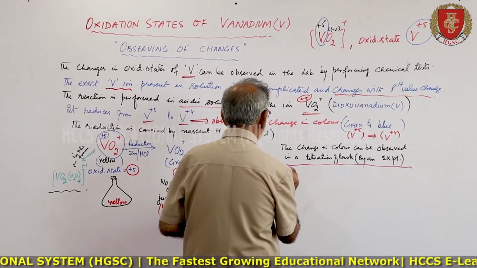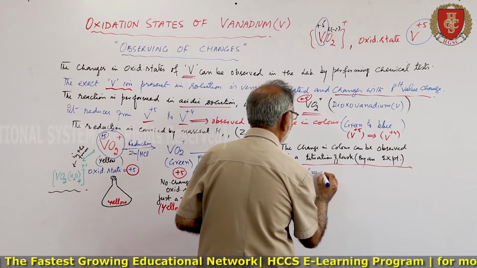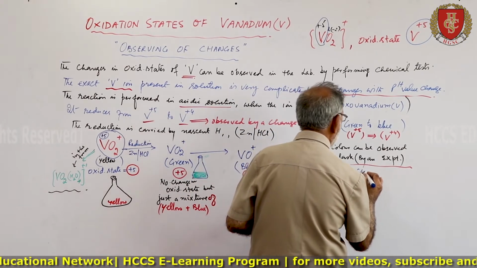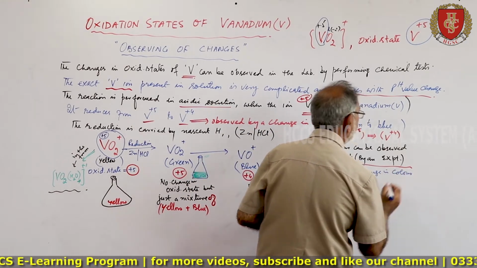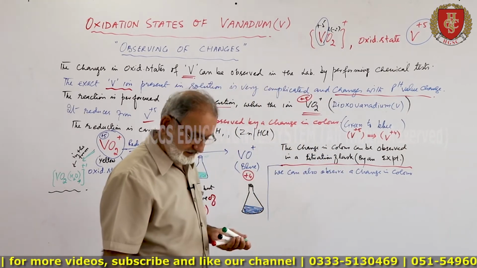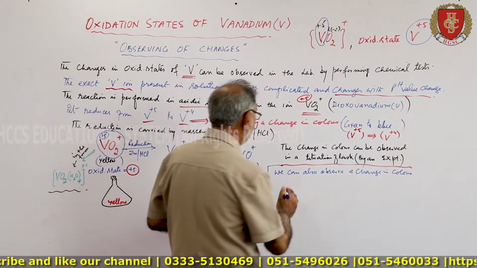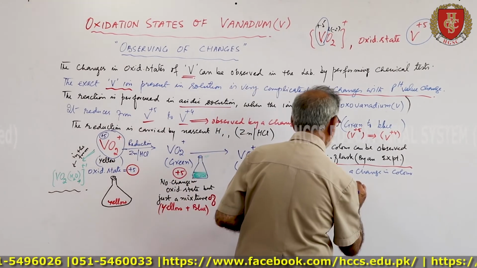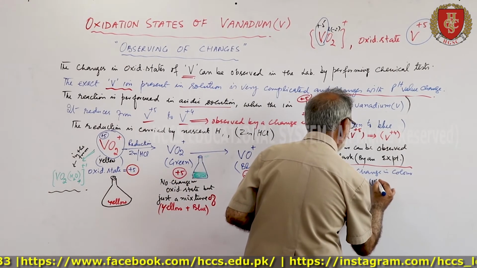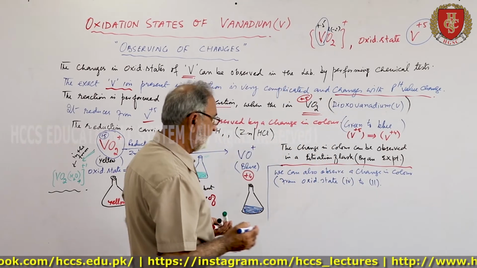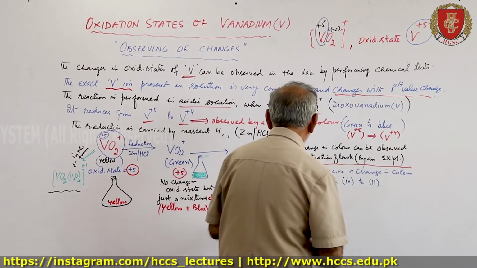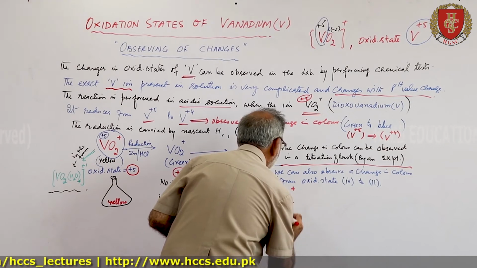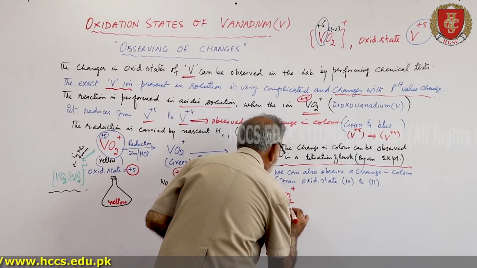We can also observe a change in color from oxidation state 4 to oxidation state 2. That is VO2+, here it is blue.